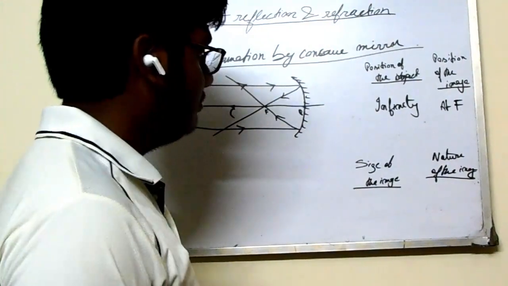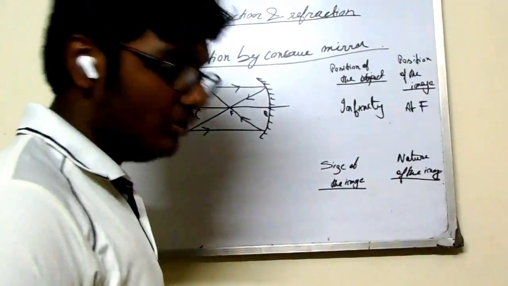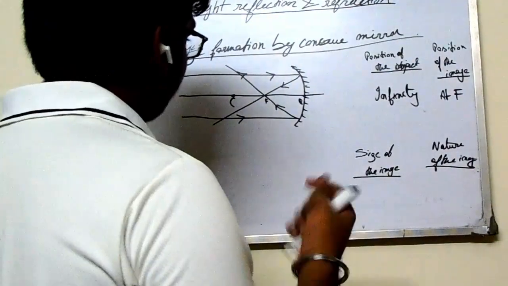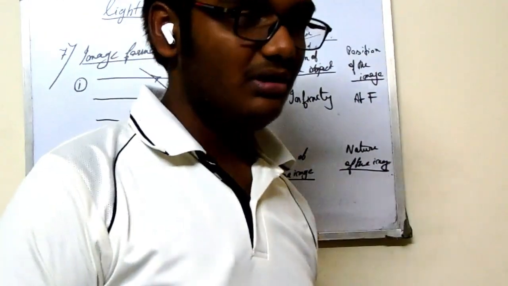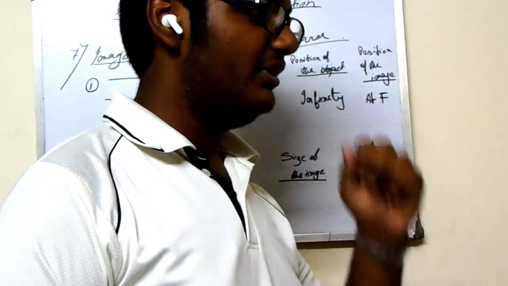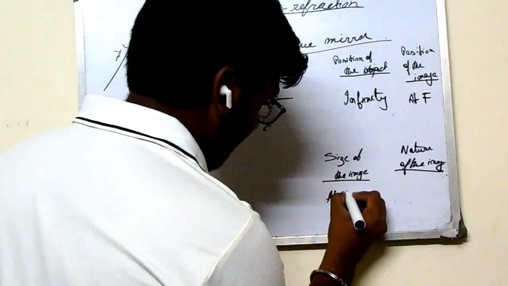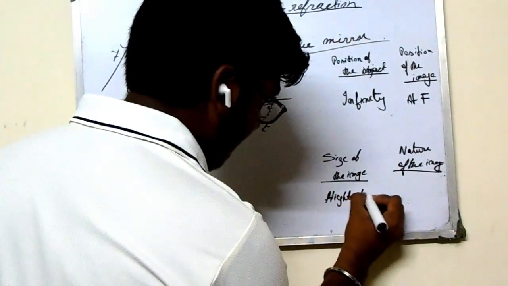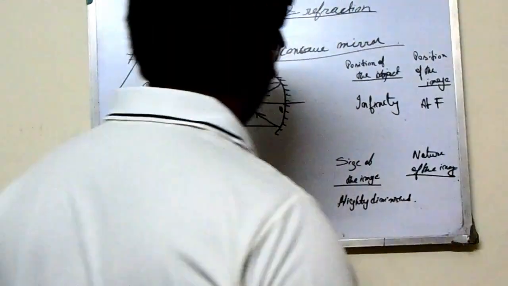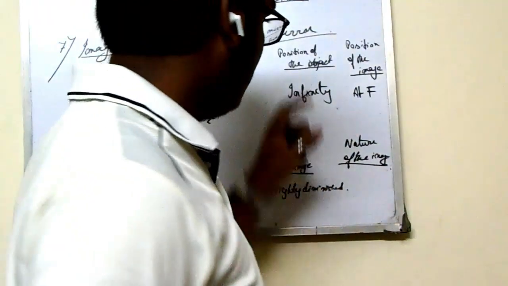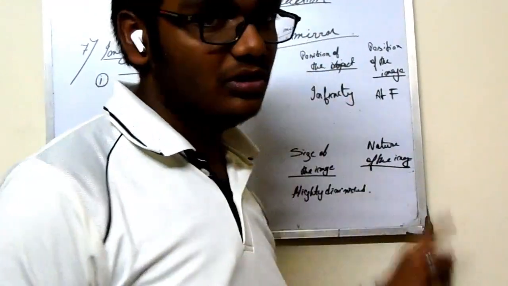Size of the image, highly diminished, point sized. Highly diminished or point size means that it is very small. Mostly we can't see. Maybe the handwriting is not noticeable from there, so that's why I'm repeating all this again and again.